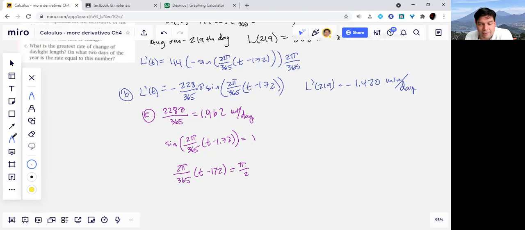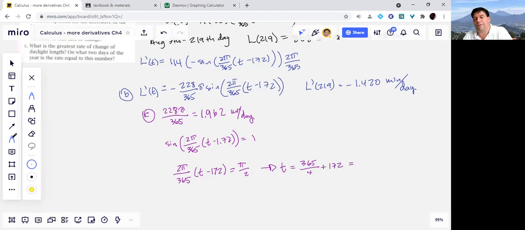Okay, the pi's cancel. We're going to multiply by 365 and divide by 2, and we're going to get the t and then add 172. So the t is, pi's cancel, 365 divided by 4 plus 172.